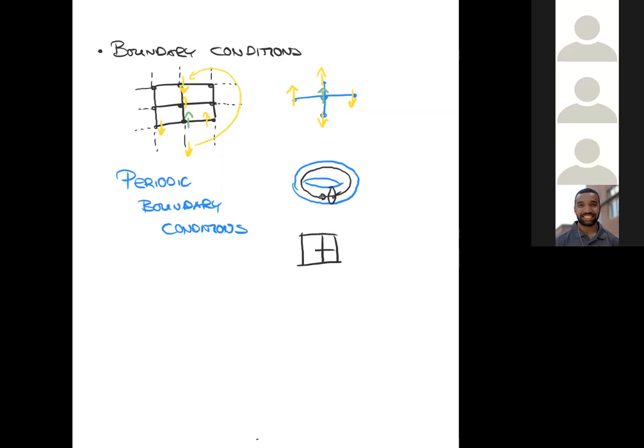What these rules effectively are is, if you exit the lattice on the right, you come back on the left, or if you exit the lattice on the bottom, you come back at the top. That's one extra line of code in your computer, but with arrays, this is easily implemented.